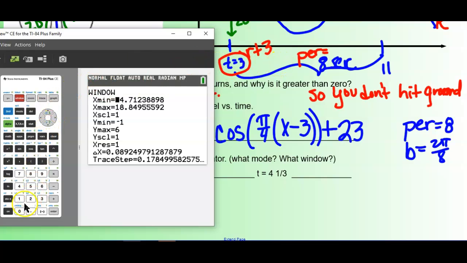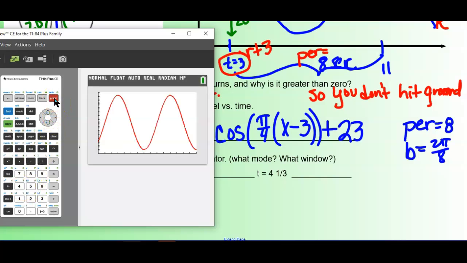So we started at time 0, and it has to go out at least 11 if we want to see where it finishes that first cycle. I'm just going to put like 15. Watch him ride for 15 seconds of his ride, okay? And then the bottom we can say is 0 because he never hits the ground. And the top, he was up at 43. Whoops, the max here. I'm just going to put 45.